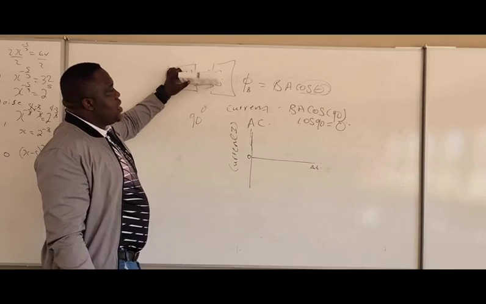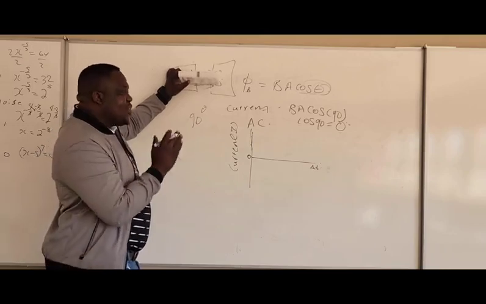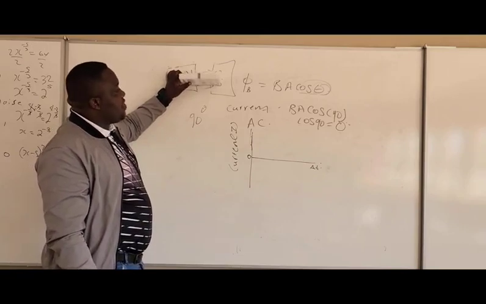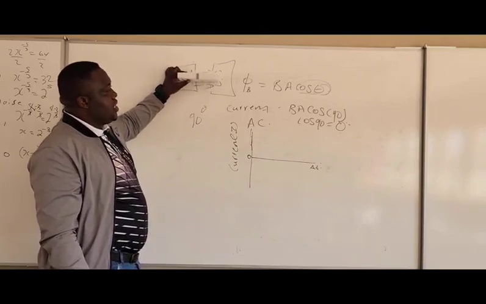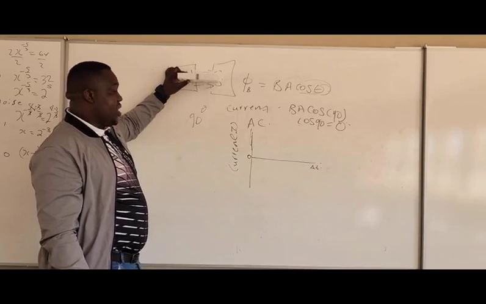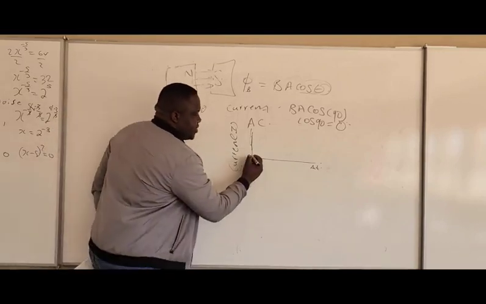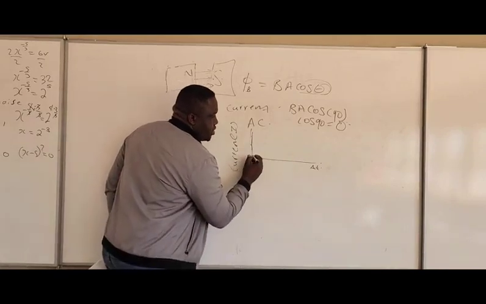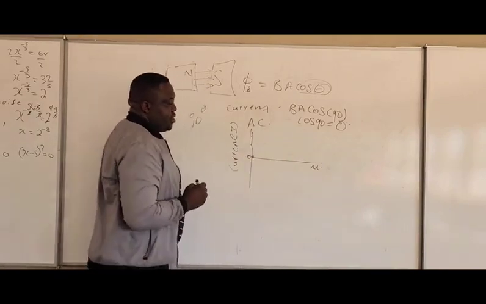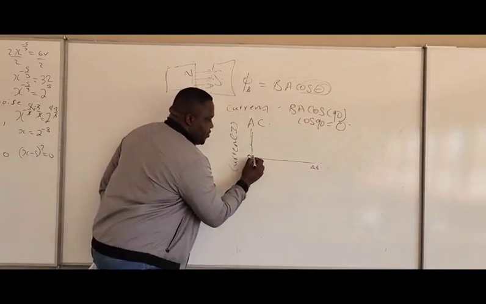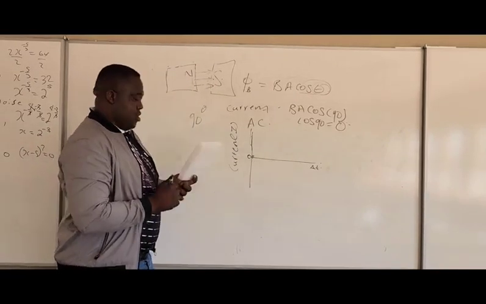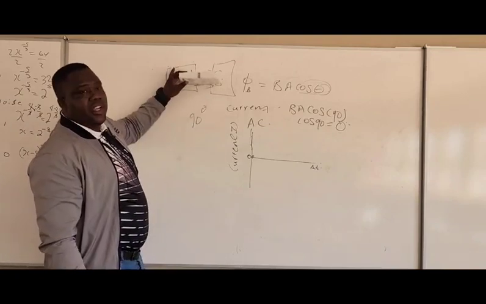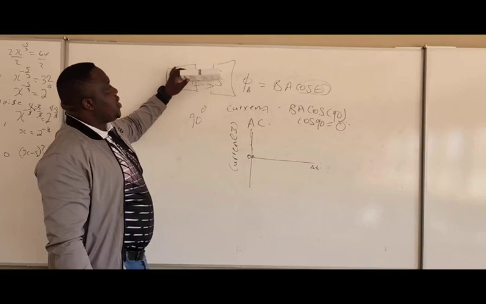Let me not talk about voltage; let me focus on the current so that I avoid confusing you. So we're going to have zero current. I will show you what will happen. My graph is going to start from 0. Why is it starting from 0? It's because of the position of the coil. The coil is parallel to the magnetic field. What about the normal line?